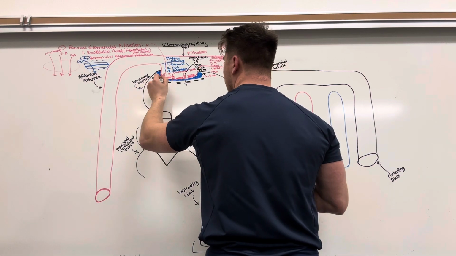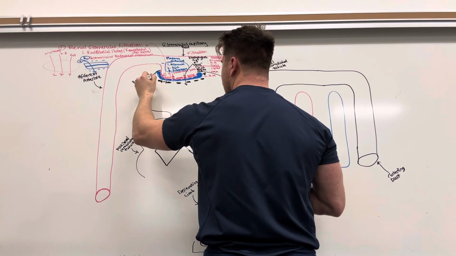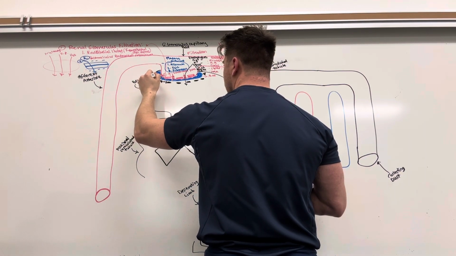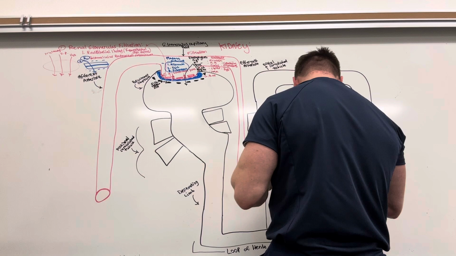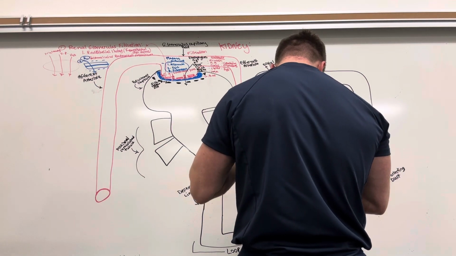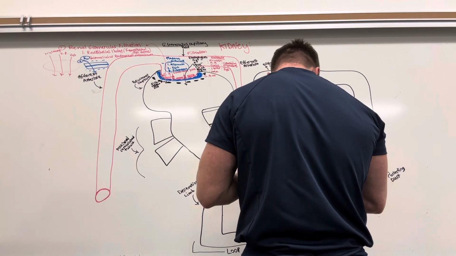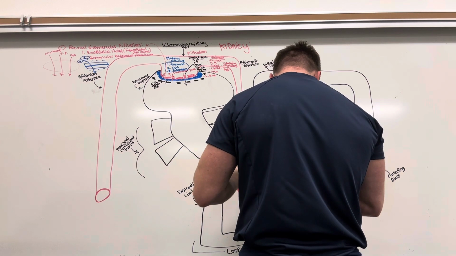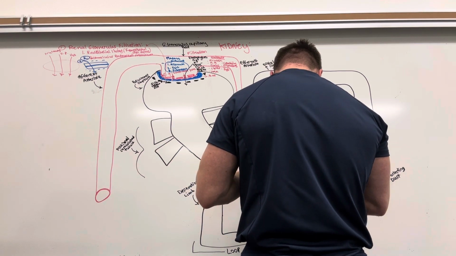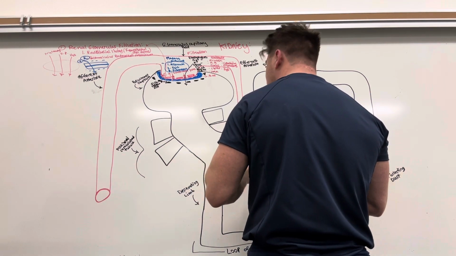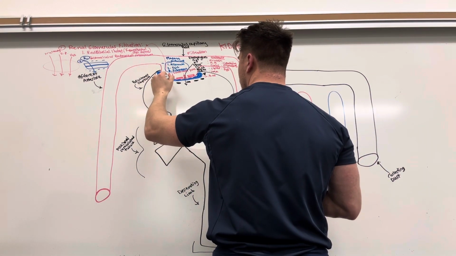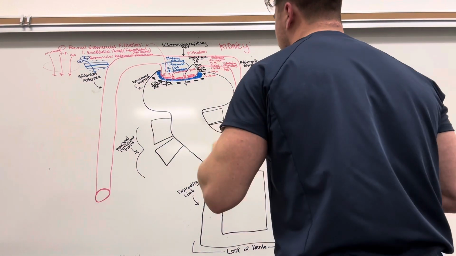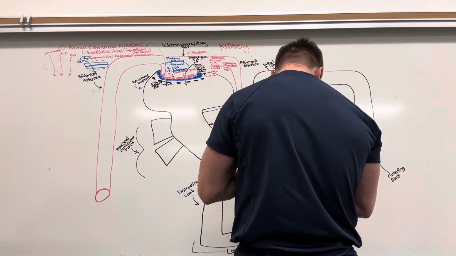Right here we have something called a filtration slit, which is also going to try to block some things, and it's about 25 to 35 nanometers in diameter. And then we have a nephrin protein as well, and those are going to try to block some of those things from getting in through filtration.